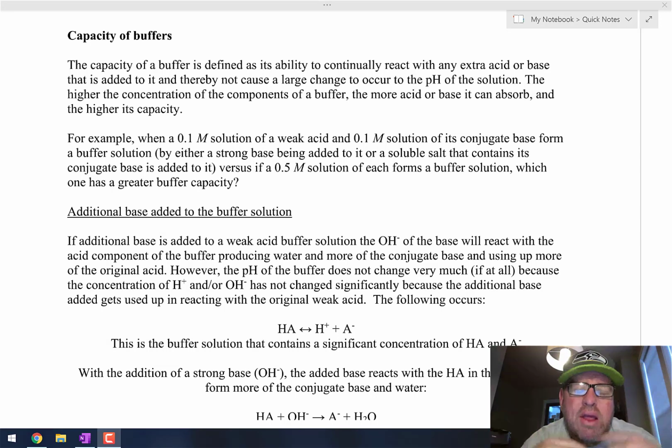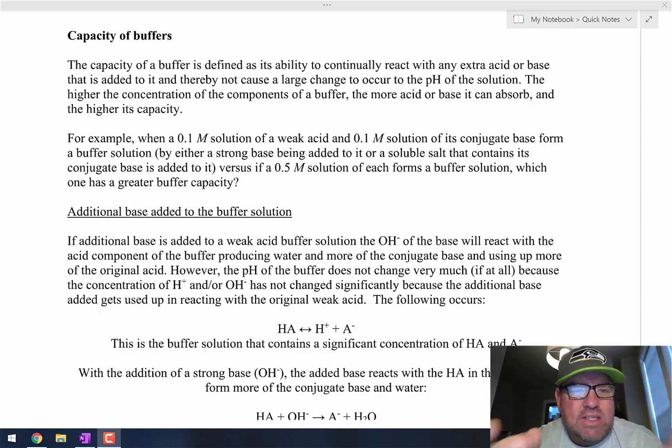But as you continue to add more acid or base to the buffer solution, eventually the acid or the conjugate base that was there is going to run out. So you will reach the capacity of that buffer eventually, and it won't be able to hold that pH level for an unlimited amount of time.